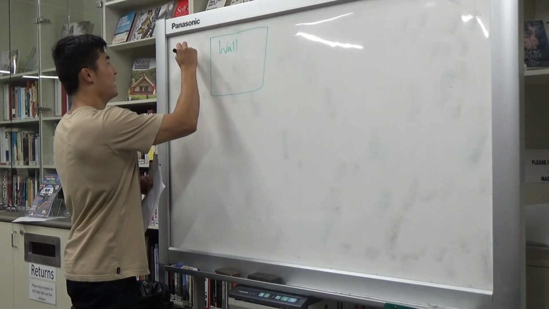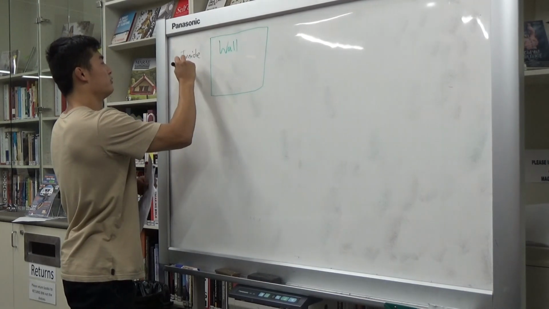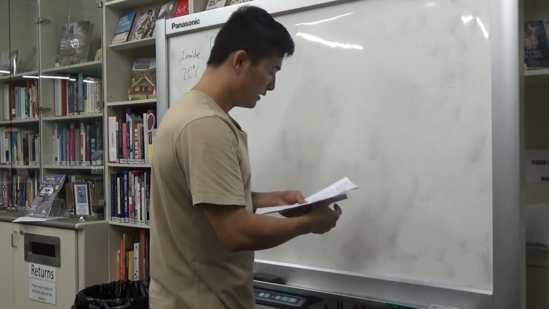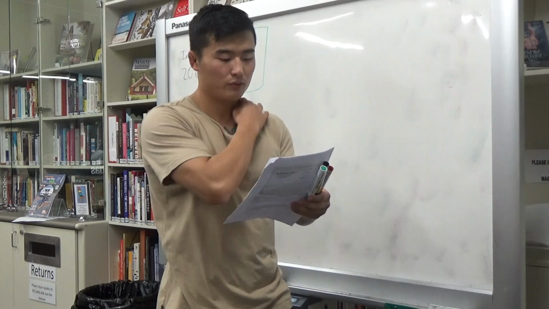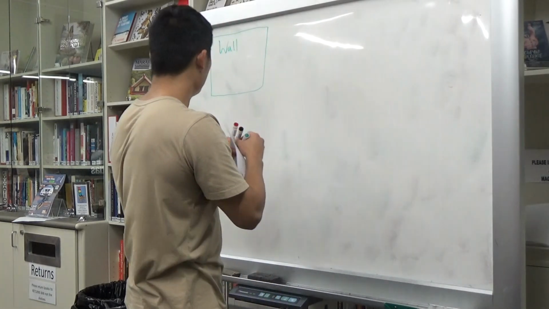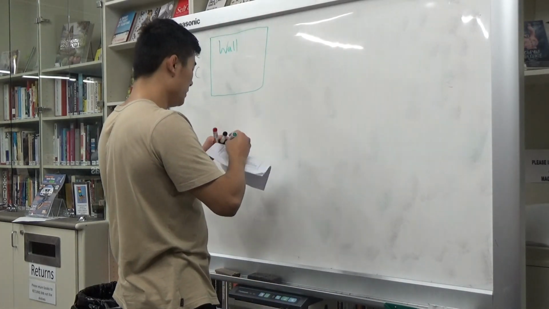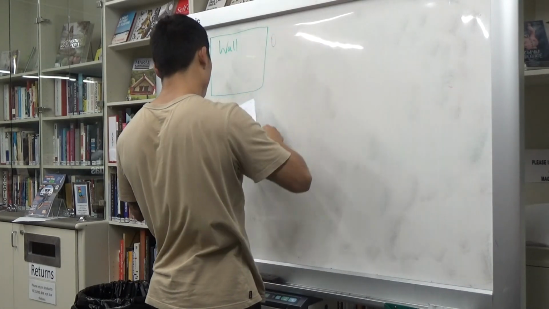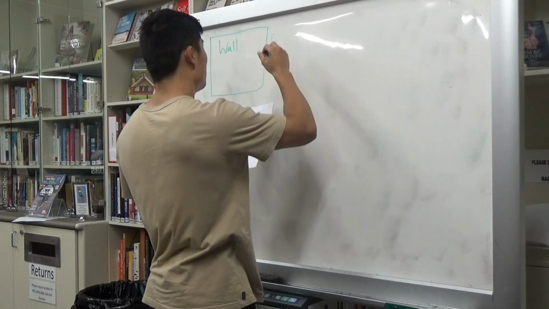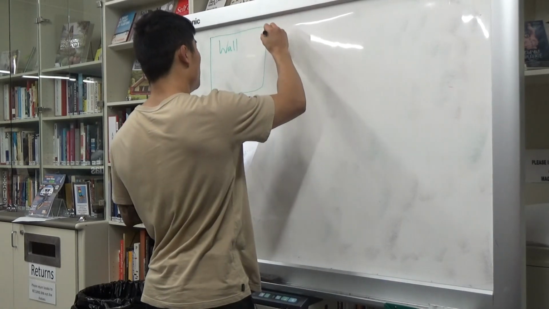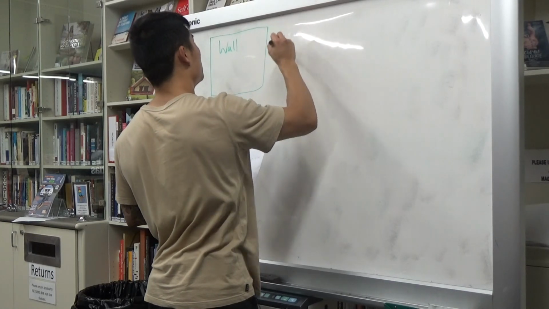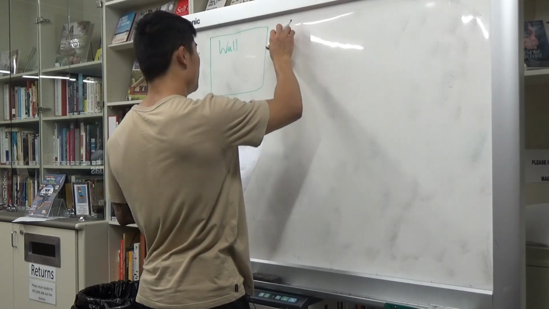So we'll say inside 20 degrees Celsius. And then, so we want to find out the outside wall temperature. So we'll call this outside wall.